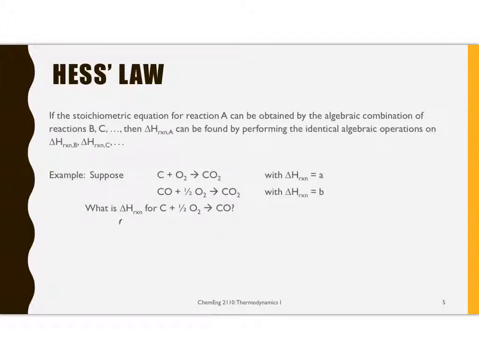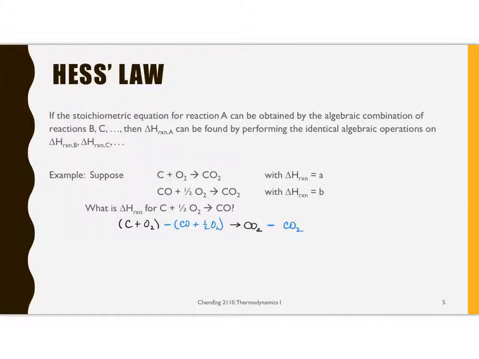So one way to think of that is that C plus O2, the first reaction, makes CO2, and from the second reaction, CO plus 1/2 O2 makes CO2. If I subtract on both sides, then I've done the same operation to both sides, right? This is kind of an algebra thing that we've learned to do.